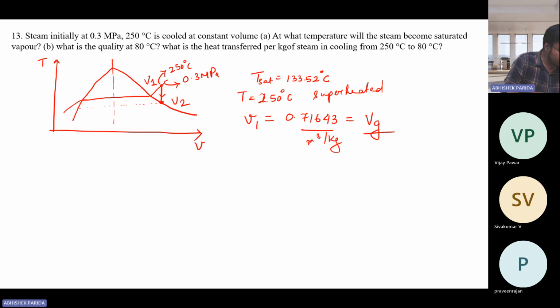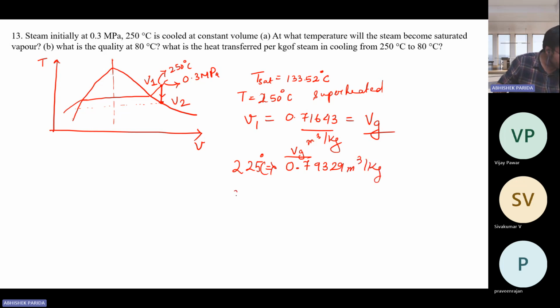So check the table, 0.71, right? 0.7 is somewhat between 225 and 250 degrees Celsius. Because at 225 degrees Celsius, Vg you are getting as 0.79329 meter cube per kg.